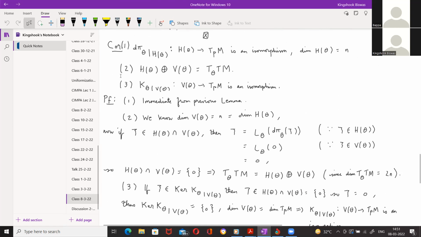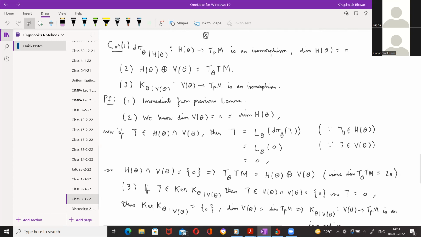So the first part, there's nothing to prove. We just showed that d pi theta restricted to h theta is an isomorphism because it has an inverse L theta. Now for the second part, we know that the dimension of v theta and the dimension of h theta are both n. So let's look at the intersection of h theta and v theta. If xi belongs to h theta intersect v theta, then by what we proved in the previous lemma, that L theta composed with d pi theta restricted to h theta is the identity of h theta, we get that xi is equal to L theta of d pi theta xi.